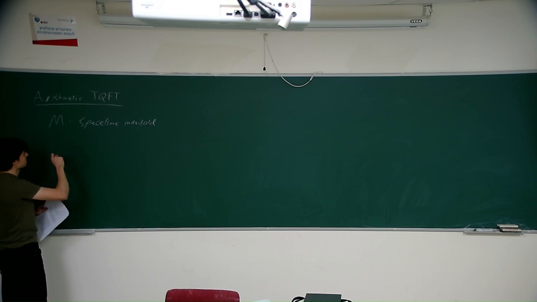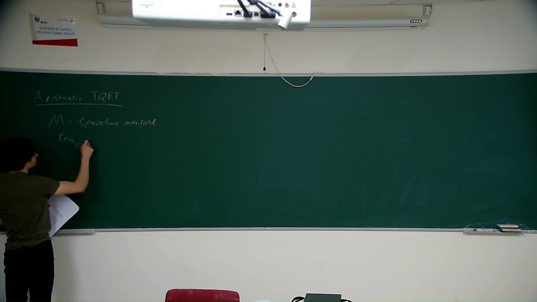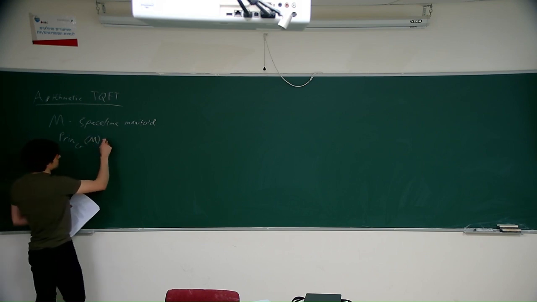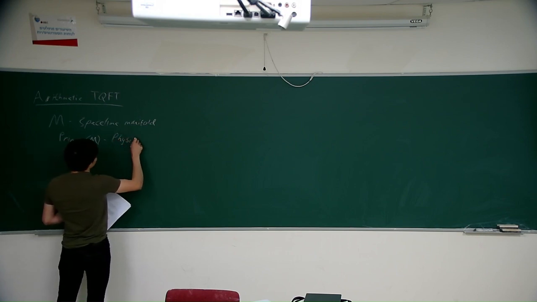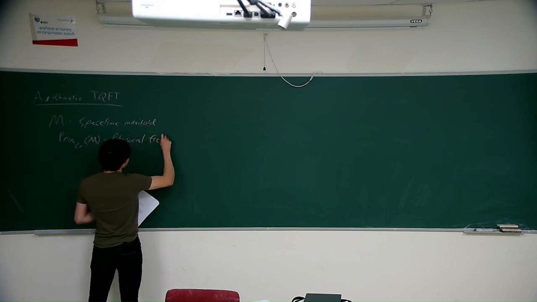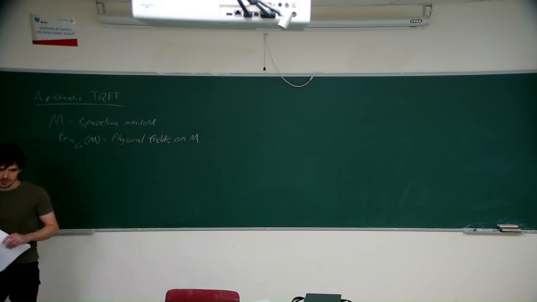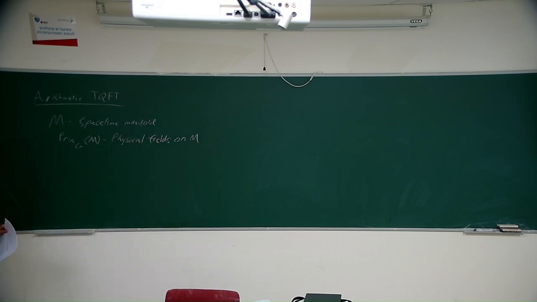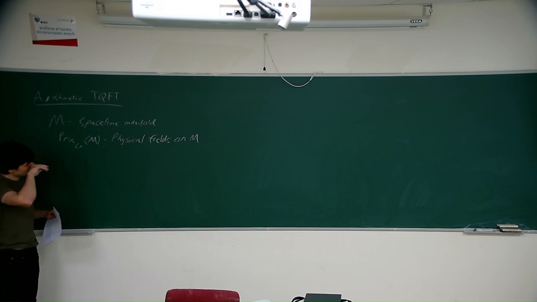One example of fields is some principal G-bundle on it. These are physical fields on M, and this should be thought of as: when you choose a specific type of G, you get back some type of physics out of it.